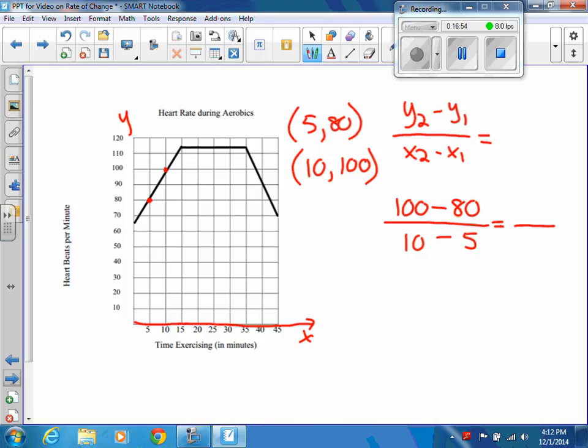Okay, so I have 20. 100 minus 80 is 20 over 5. When I do the division there, it gives me an answer of 4. Now that makes sense too because this is a positive slope. My rate of change is 4.